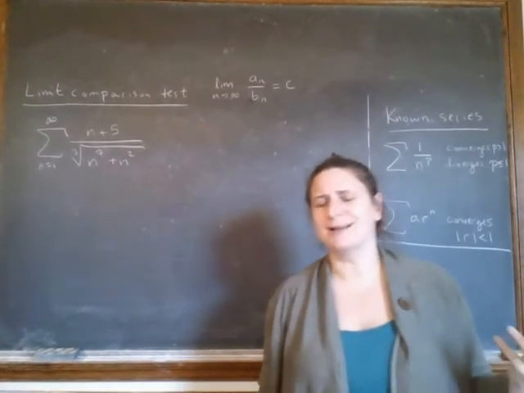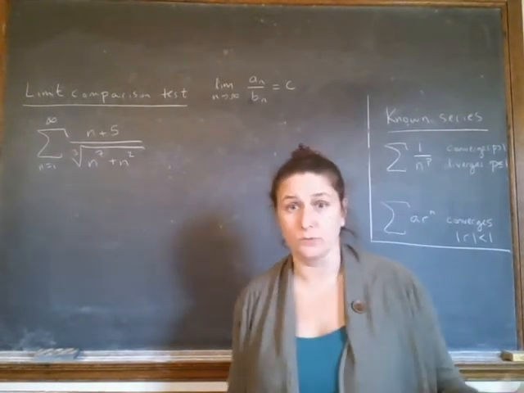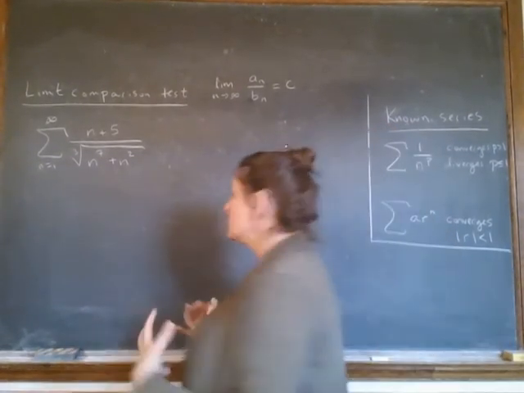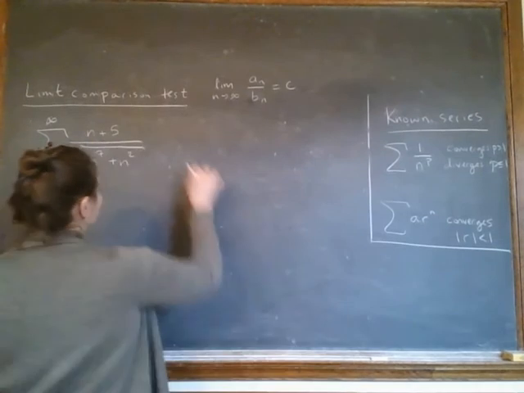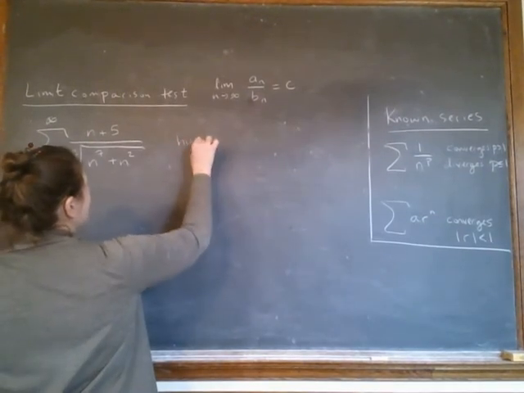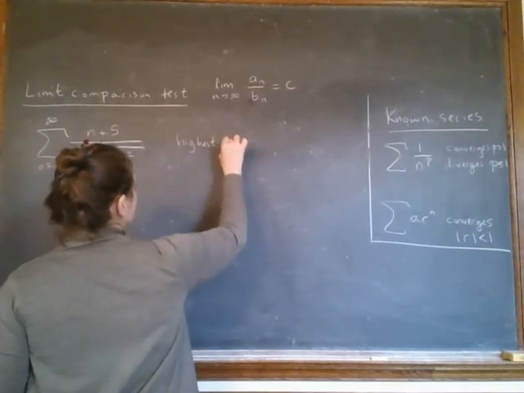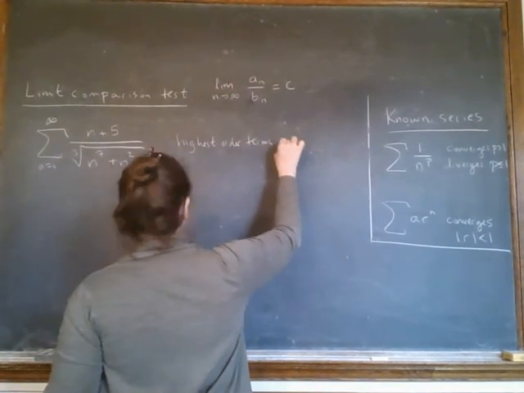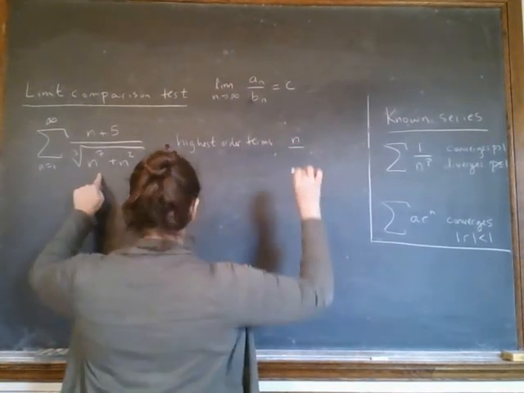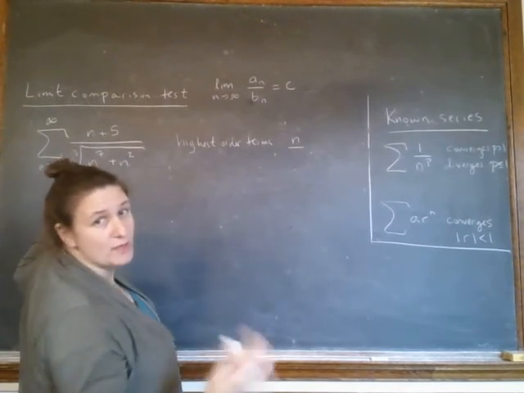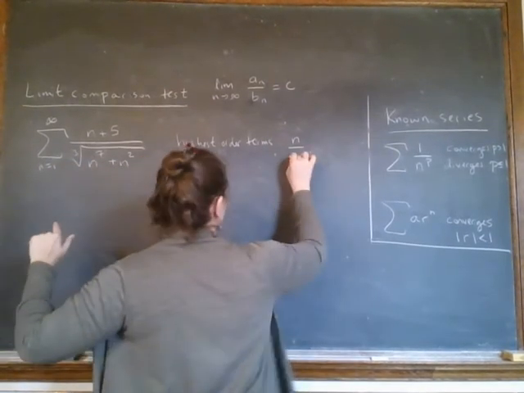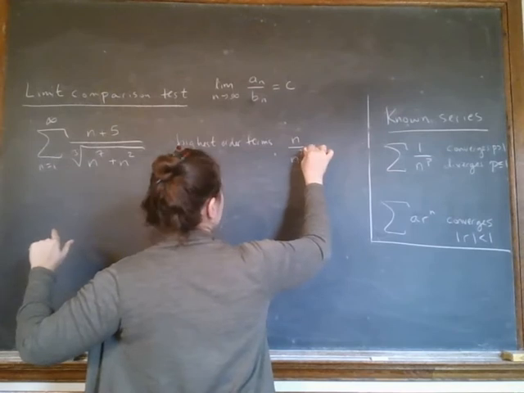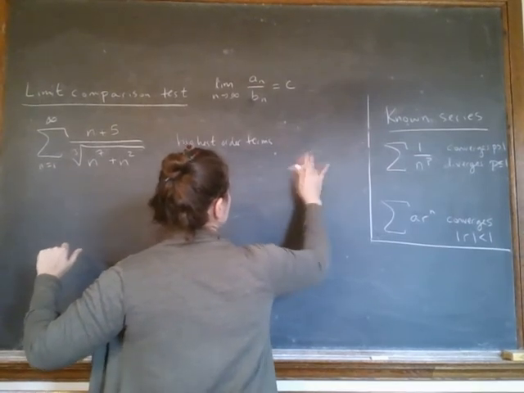But when you've got a square root or a cube root, some kind of root business, you have to take that into account, right? So my highest terms, on the top I have an n, and on the bottom I have an n squared with a 1/3, right? So this is going to be n to the 7/3. Let me write that a little bit big so you can see it.